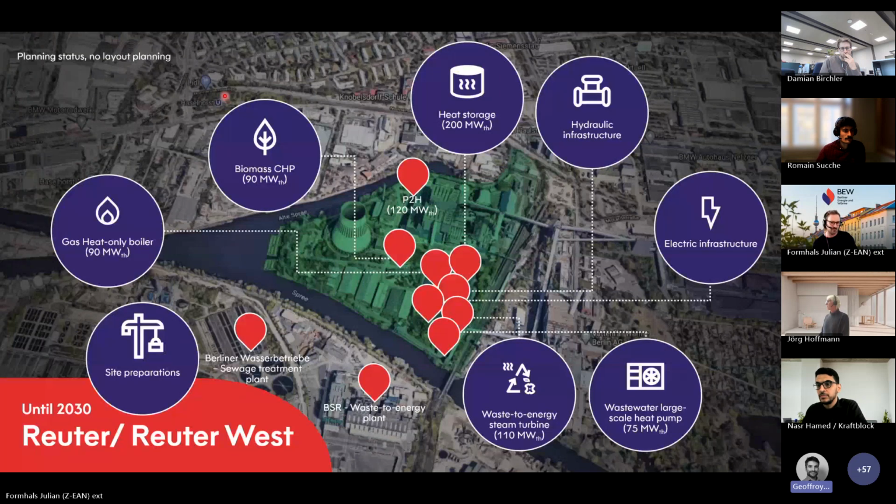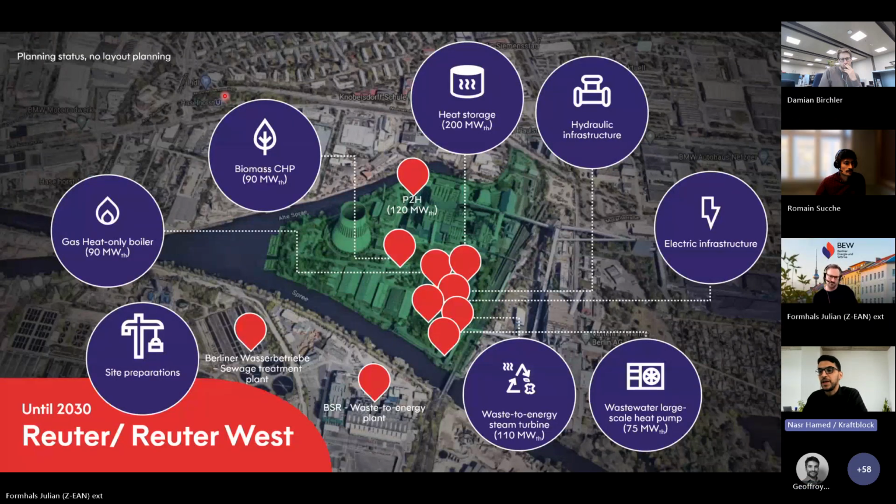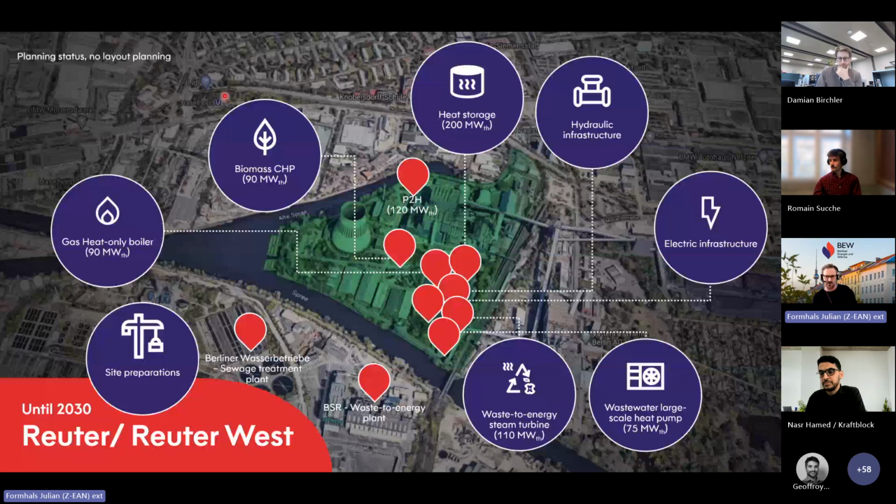Nasser, you have a question? Yes, please. I'm wondering if there is any potential for high temperature thermal energy storages, for example, that they can offer a smaller storage size but a higher capacity. Have you ever experienced something like that in your studies? I mean, in this initial study, different types were compared, pressurized tanks, for example, as well.